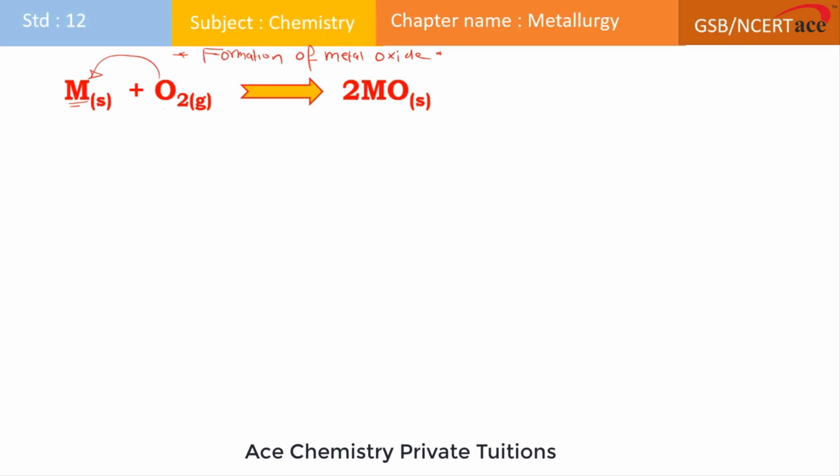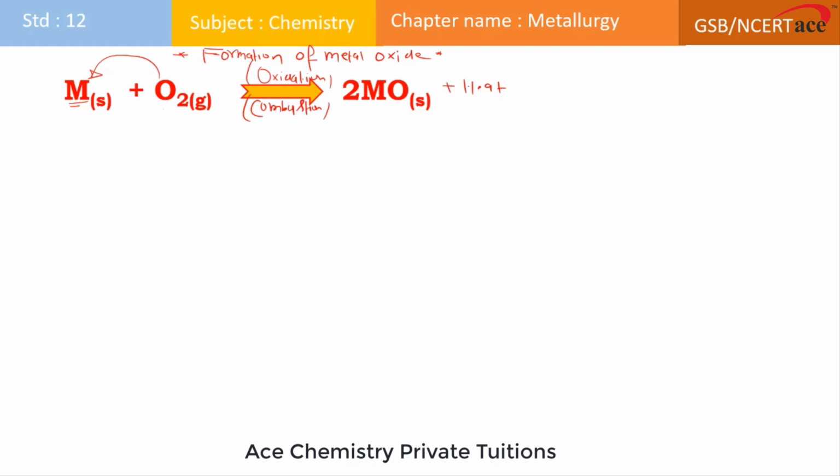Generally, this reaction of conversion of metal to metal oxide is referred to as oxidation, and this process is a type of combustion reaction. During this process, what happens? Some amount of heat energy is released.